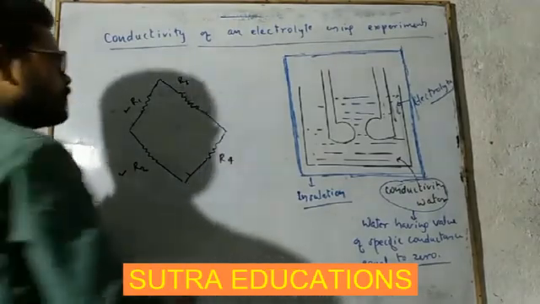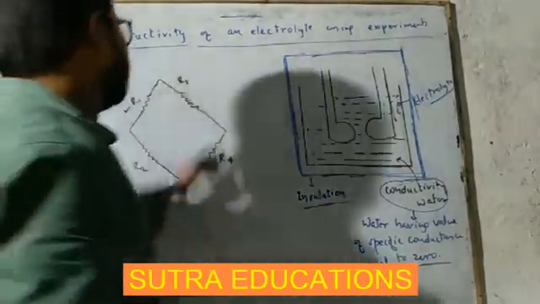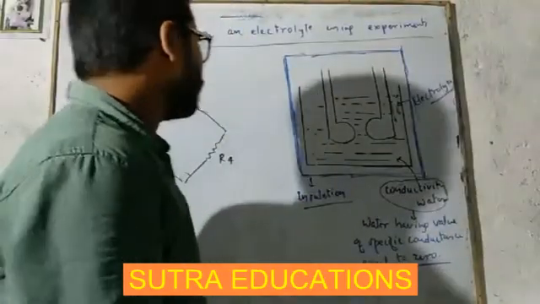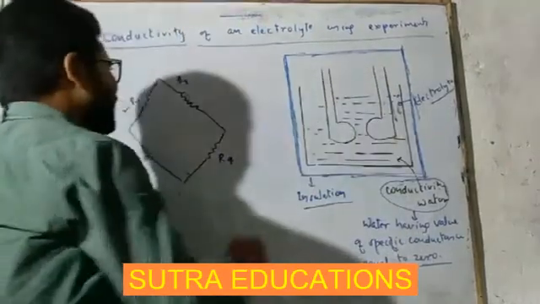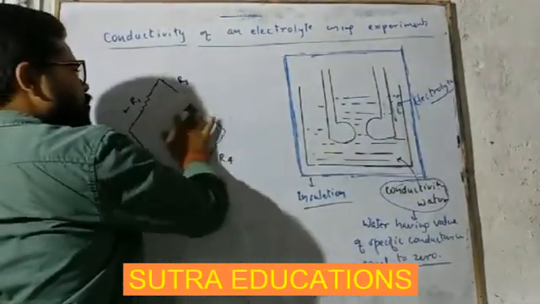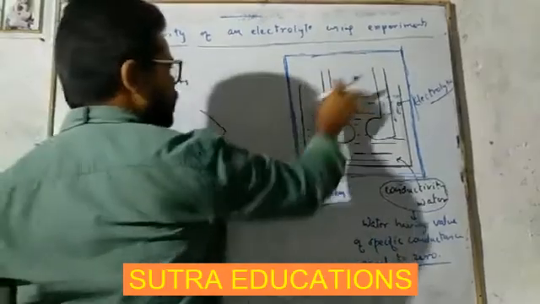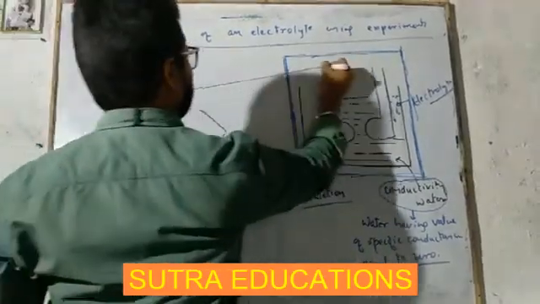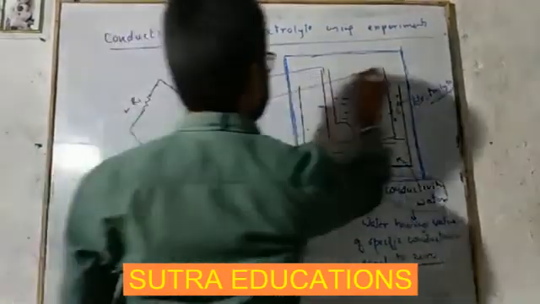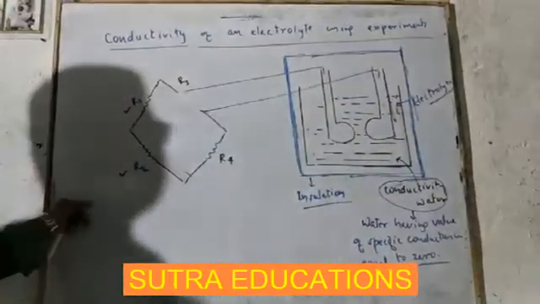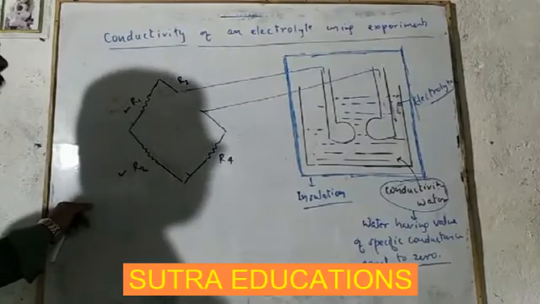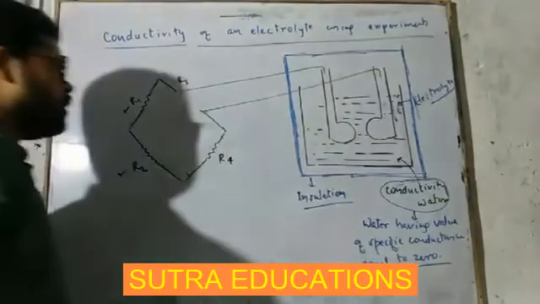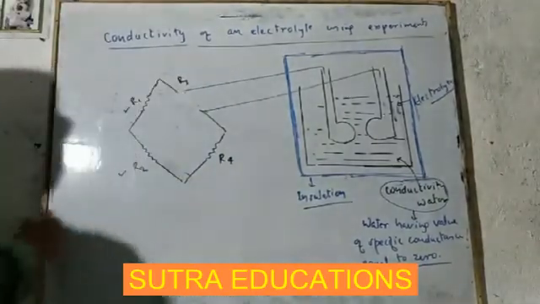We have to calculate the conductivity of the electrolyte used in the conductivity cell. So we are going to connect the terminals of the R3 resistance with this conductivity cell, like this. Means this resistance is the resistance of this conductivity cell. Getting this? Okay.